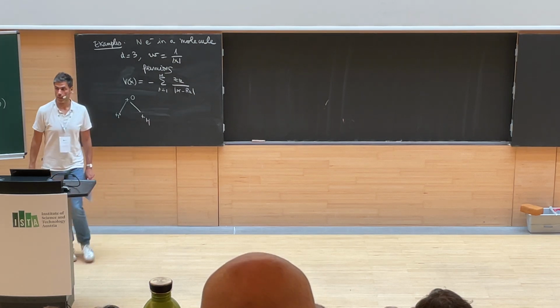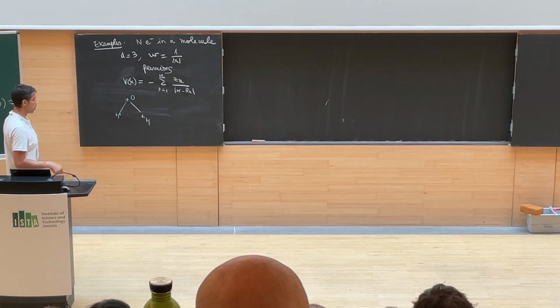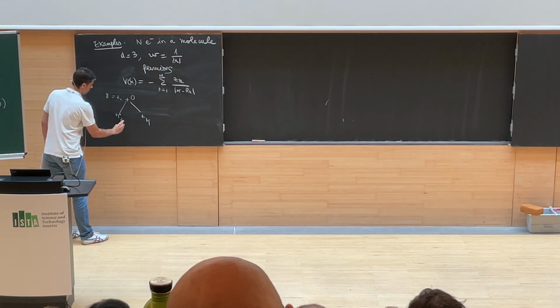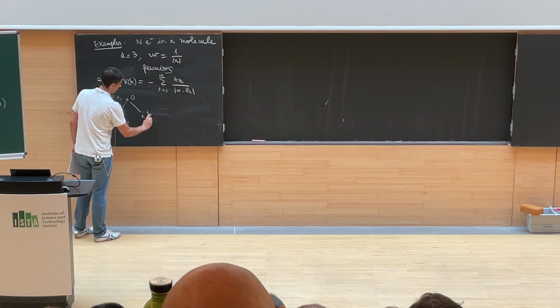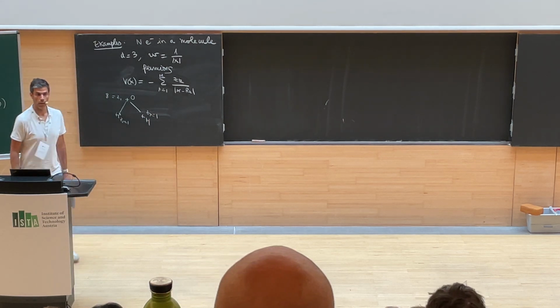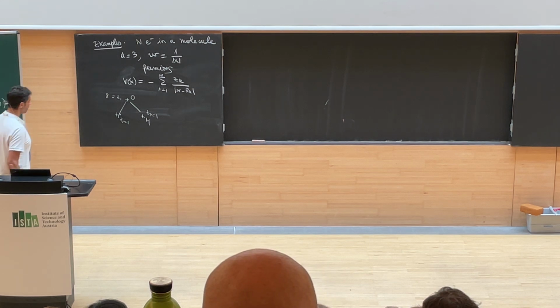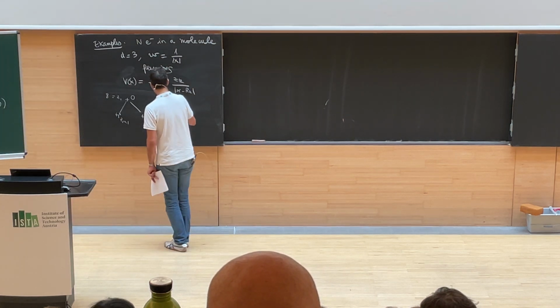So you have 3 nuclei. There is Z1, which is 8, Z2, which is 1, Z3, which is 1. You have 1 oxygen and then 2 hydrogens. And N is equal to 10 for the water molecule.